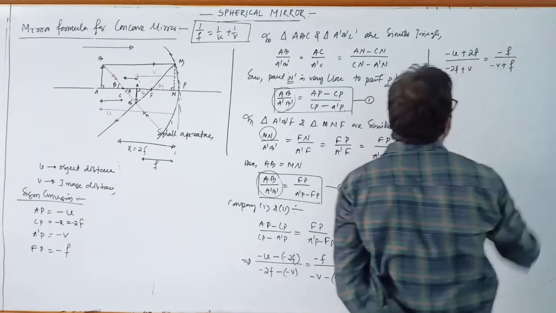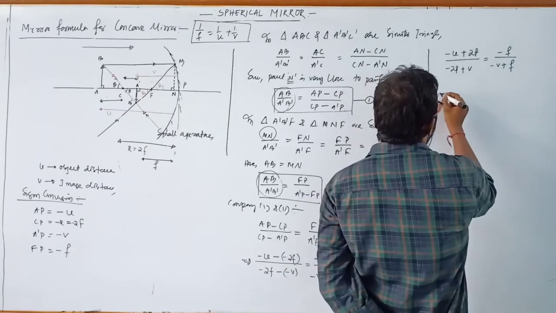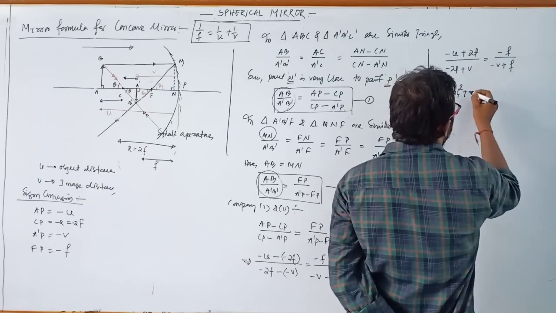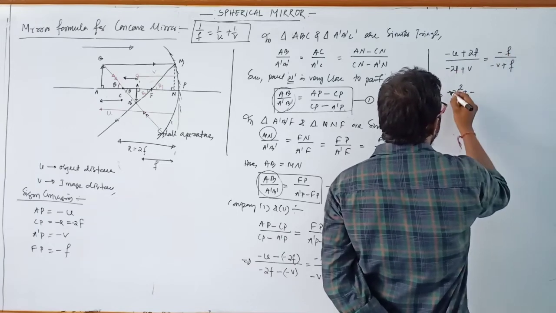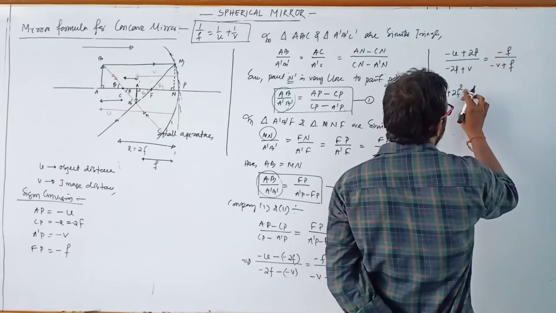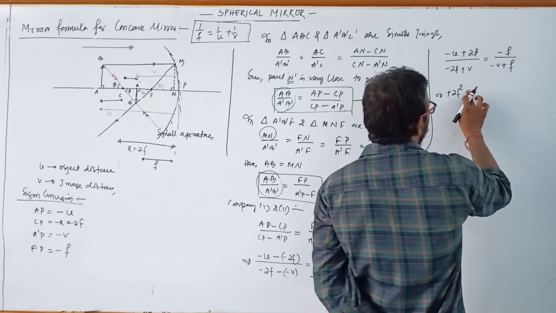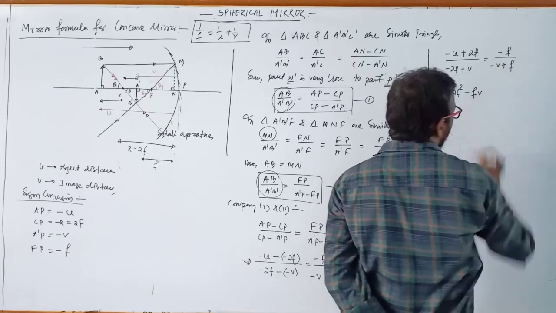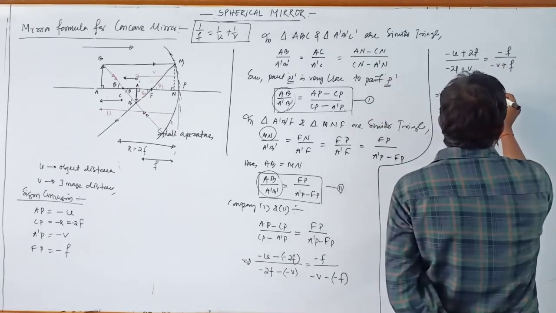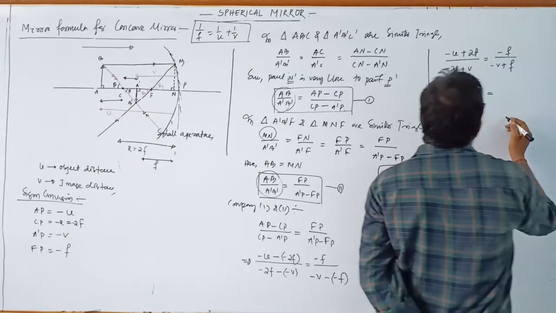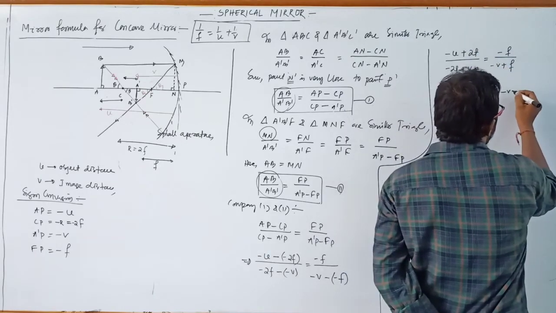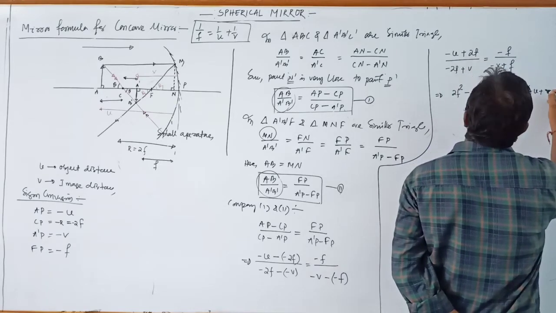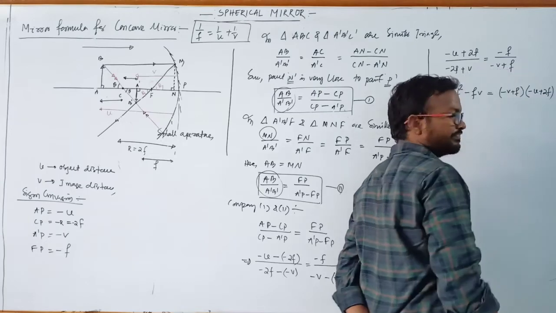If we multiply this here, you will get minus 2F square, plus FV, and here FV is equal to, now we multiply this term, minus V plus F, into the remaining part, that is u plus 2F.